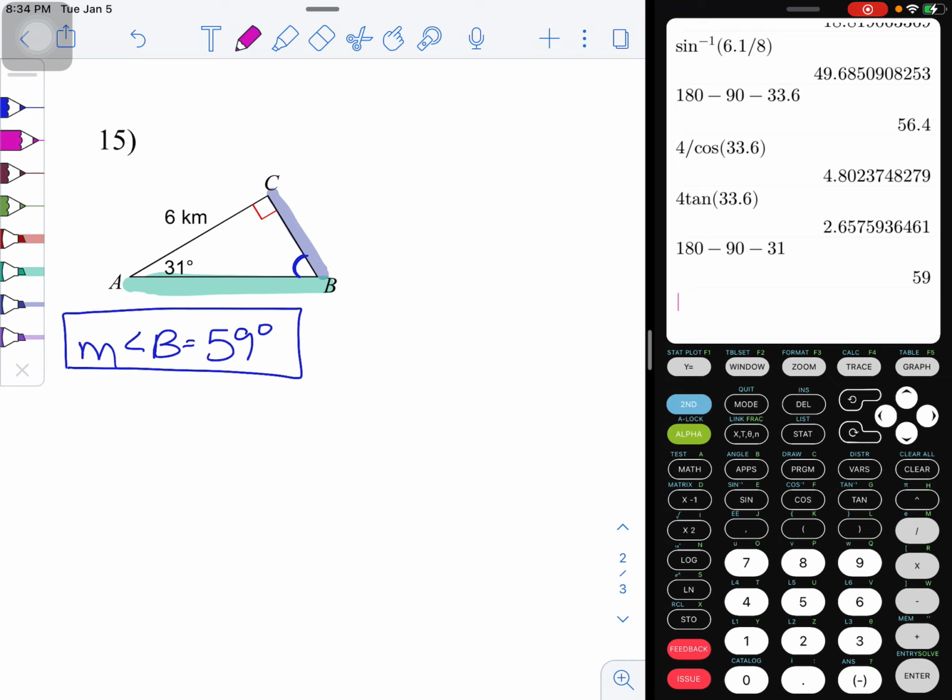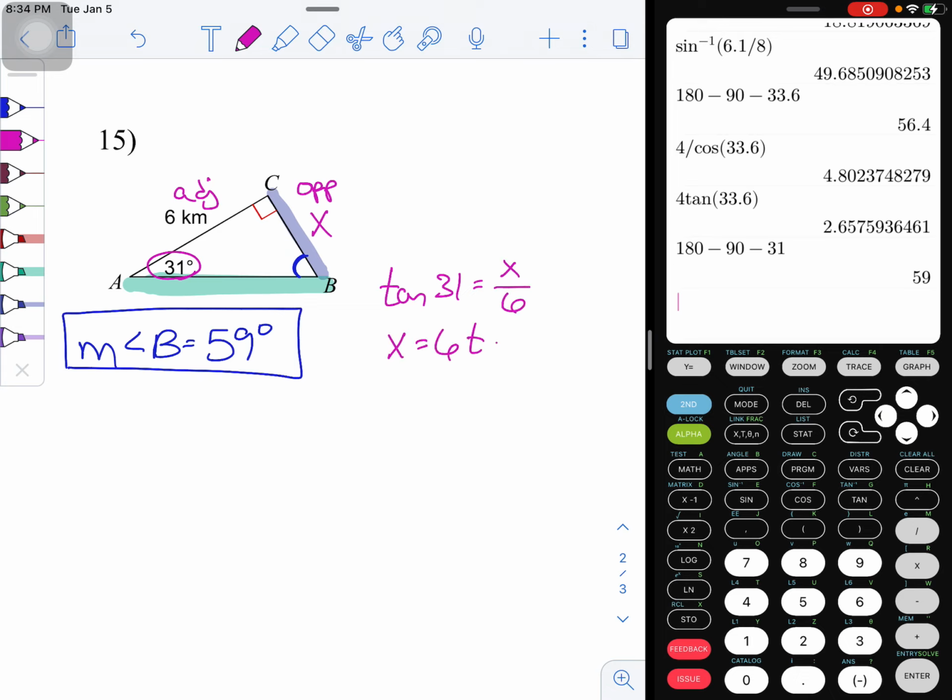So that part's done. Let's say I want to find CB here, so I'm going to call that X. You can call them whatever you want, okay? But I'm just going to pick X. I tend to pick X and Y. So here's my reference angle. So X is opposite. This is adjacent. So that means I'm going to be talking about tangent. So tangent of 31 is equal to the opposite side over the adjacent side.